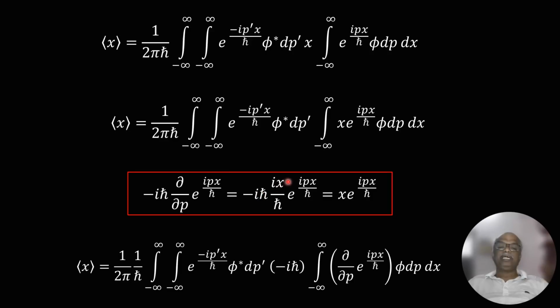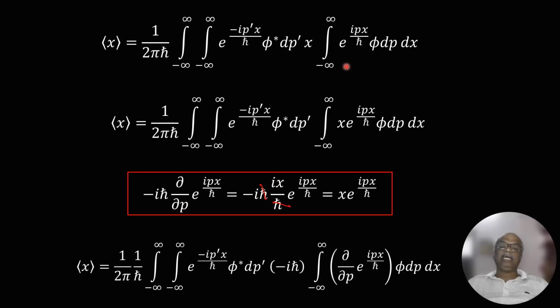If you differentiate this with respect to p, you will get ix/ħ times the exponential e^(ipx/ħ). Now you can cancel this ħ and this ħ, and the remaining thing is −i times i, which becomes plus 1. So you have one x, simply x multiplied by this exponential term.